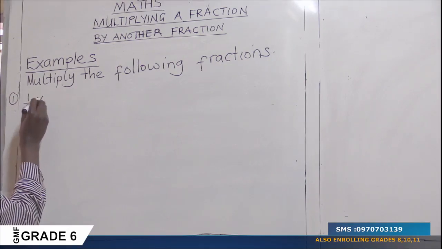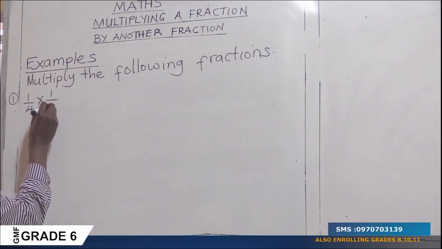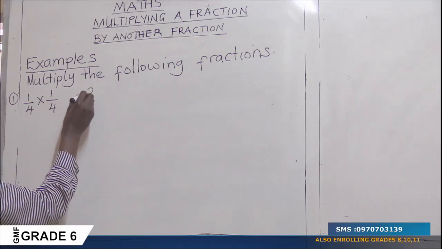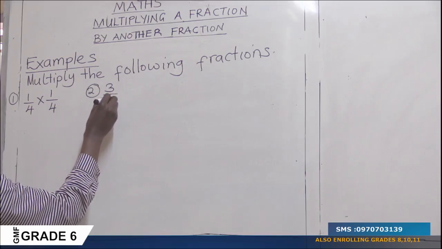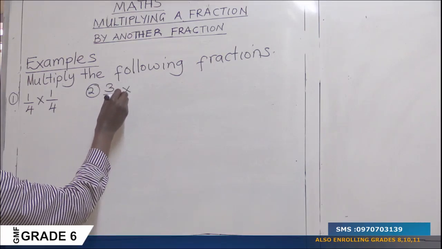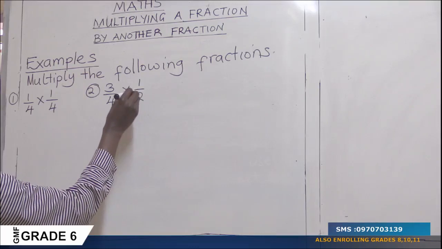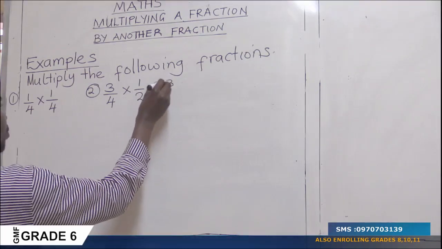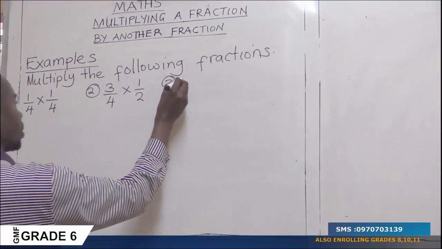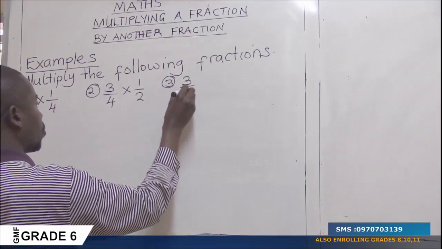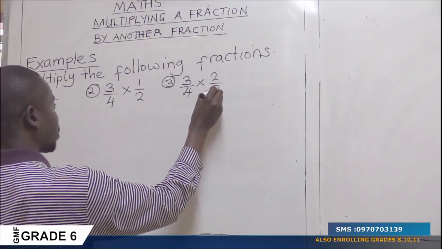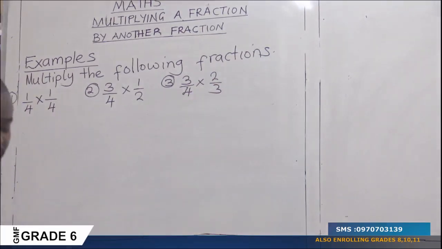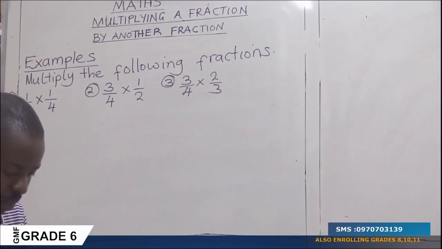Number 1, 1/4 times 1/4. Number 2, 3/4 times 1/2. Number 3, 3/4 times 2/3. All right, so boys and girls, those are the questions that we have on the board.